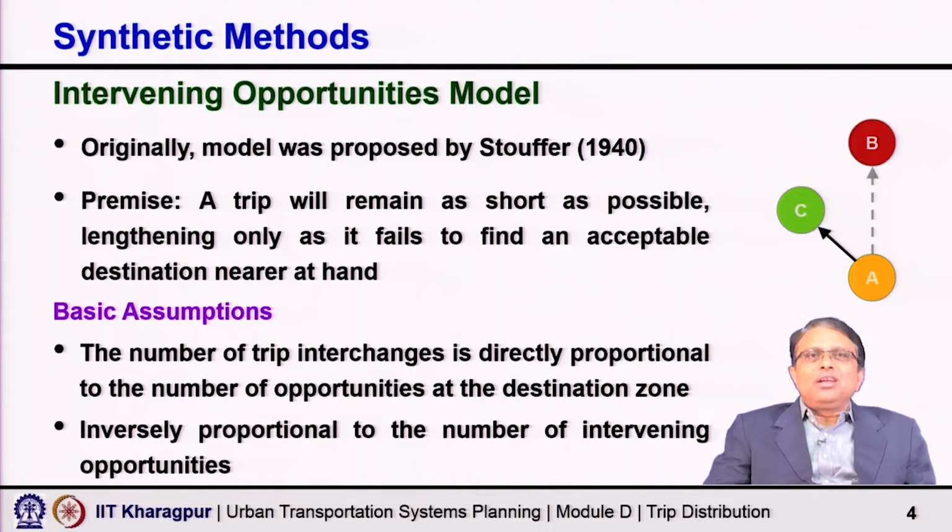So, the assumptions are: the number of trip interchanges is directly proportional to the number of opportunities at the destination zone. So far in the gravity model, we said the number of trip interchanges is directly proportional to the attraction of that zone. Here it is something very similar, but we are saying it is proportional to the number of opportunities at the destination zone.